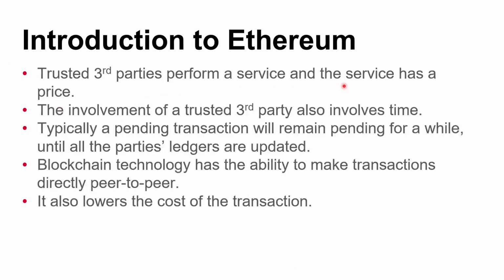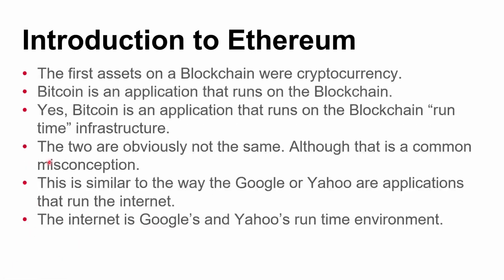Trusted third parties perform a service, and that service has a price. The involvement of the trusted third party also involves time. When a typical transaction with a bank is completed, it is pending for a certain period of time, sometimes days. With a blockchain, it can be minutes that a transaction is pending for. So they are confirmed quite quickly and with a much, much lower cost.